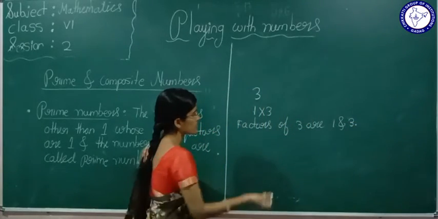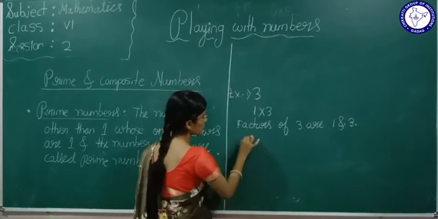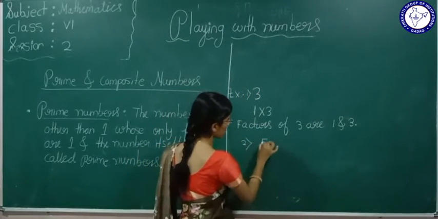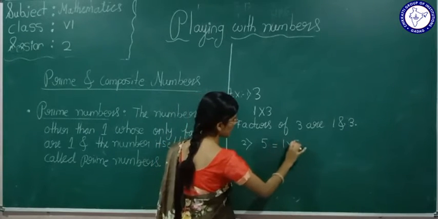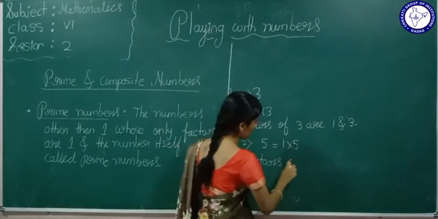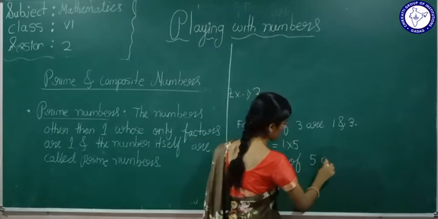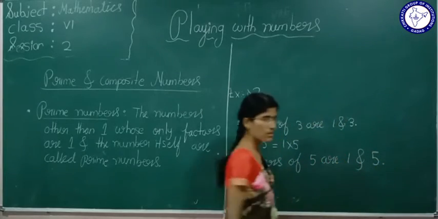Factors of 3 are 1 and 3. Now see one more example here, 5. So what are the factors of 5? This 5 can be written as 1 5s are 5. Factors of 5 are 1 and 5.